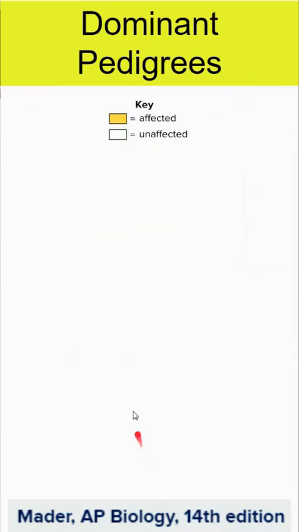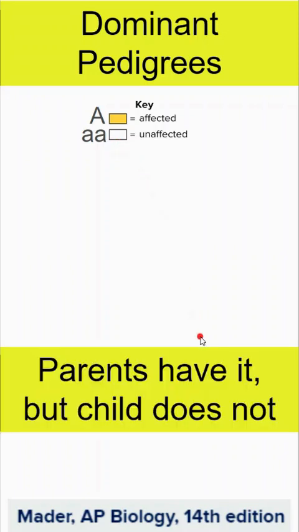When we look at dominant pedigrees, the shaded ones are going to have the dominant trait. They could be heterozygous or they could be homozygous, but now we know that all the unaffected ones have to be homozygous recessive genotypes. So the pattern with this one is that the parents have it, but the child does not.